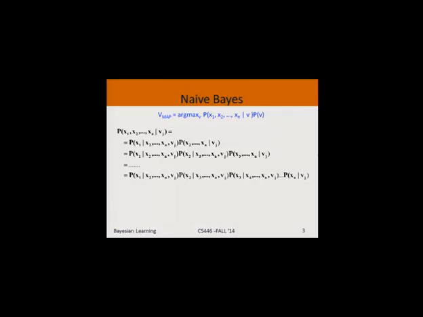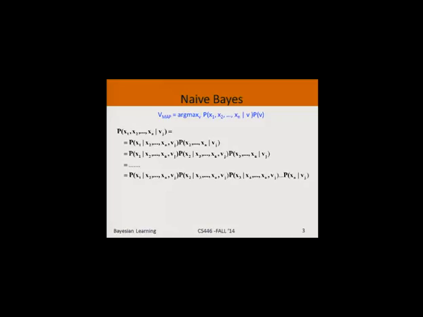So basically, I've chosen an order over my features. The order I've chosen is first x1, then x2, then x3, up to xn. Given this order, I'm saying that P of x1 up to xn given Vj can be written as P of x1 given the rest, comma Vj, times P of x2 up to xn given Vj, right?